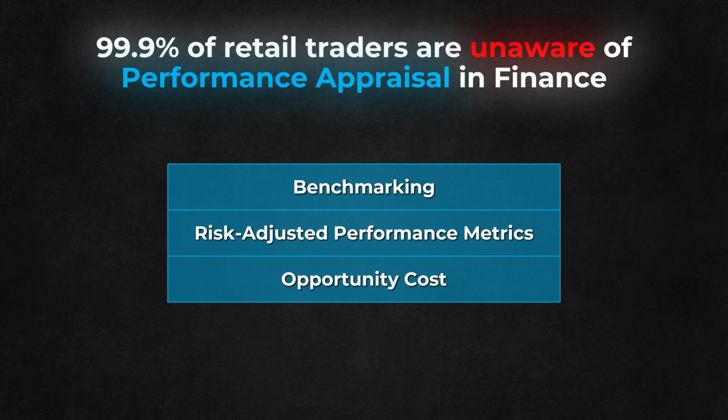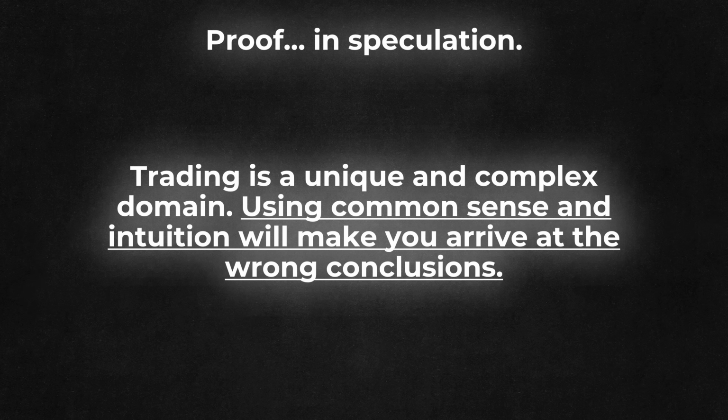New traders make the mistake of trying to find proof in trading, which is what common sense tells them to do. The problem with this is that common sense only works in things that are simple. Trading is a unique and complex domain. Using common sense and intuition will make you arrive at the wrong conclusions, which will ultimately make you lose money and time unnecessarily.